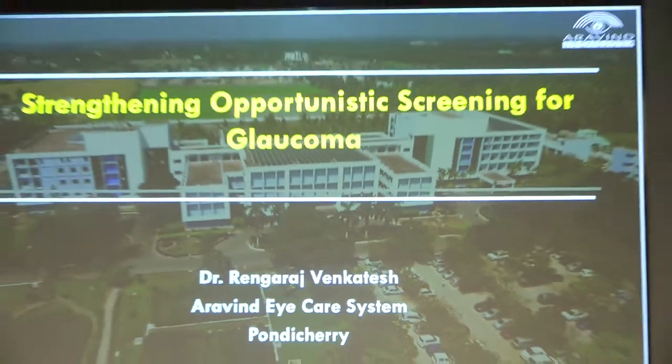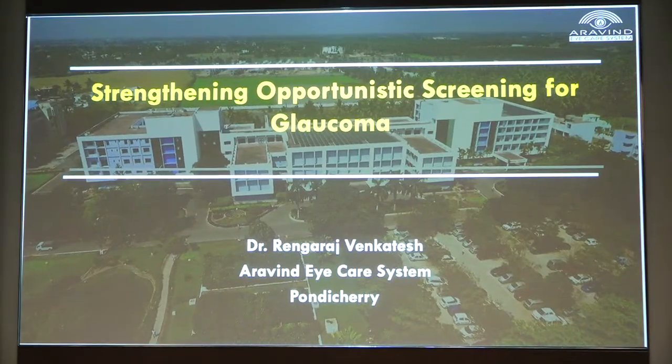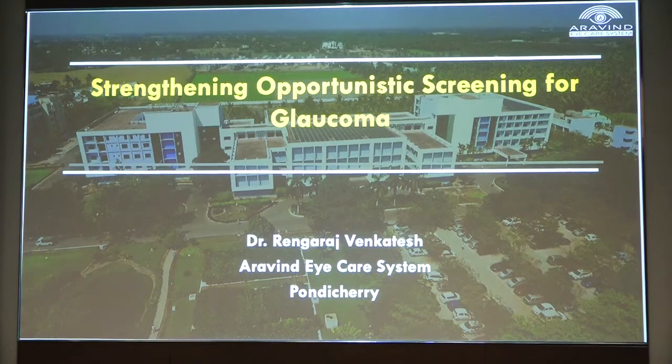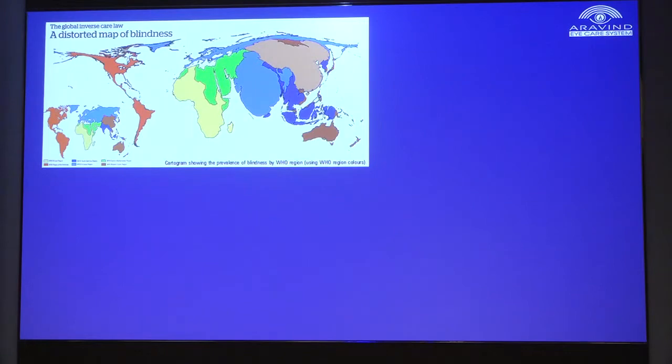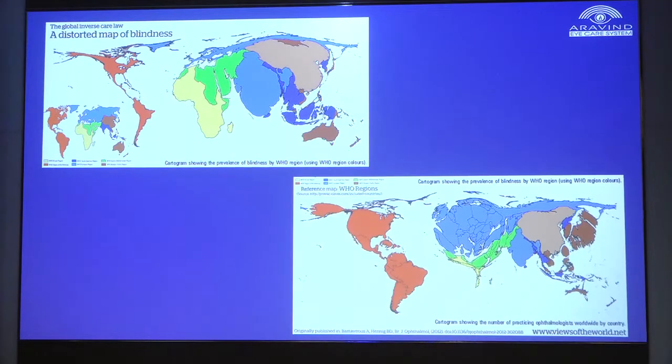So I'm going to share some of the innovations we have done in the recent past back at Pondicherry, where I practice glaucoma. Some of my colleagues, Dr. Pavan and Kavita, have all been in the background. We know this is the kind of problem we have, the distorted map of blindness. You would have seen it several years back, so I just want to recollect. This is how the practicing ophthalmologists who can take care are distributed.